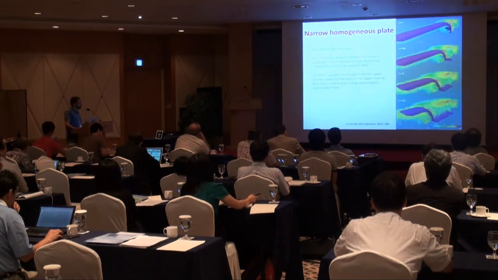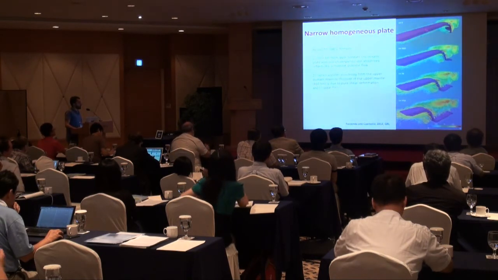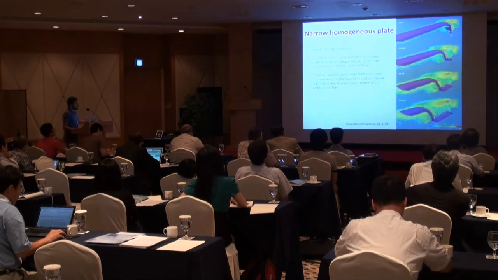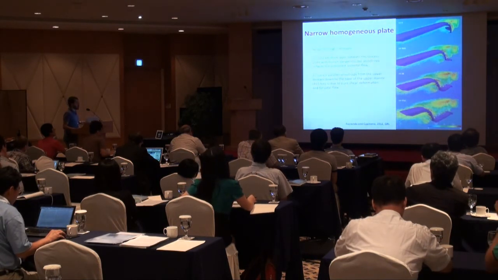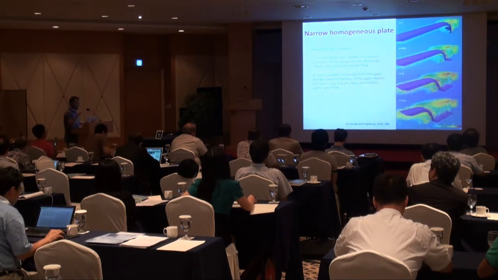And so this is the result for a narrow homogeneous plate. This is just a view from the mid plane, so this is half plate. And as you can see, the plate arrived at the 660, bent, and then it starts to retreat. And these axes here result from the transverse anisotropy that is calculated for each crystal aggregate, and the axes indicate the symmetry axis.